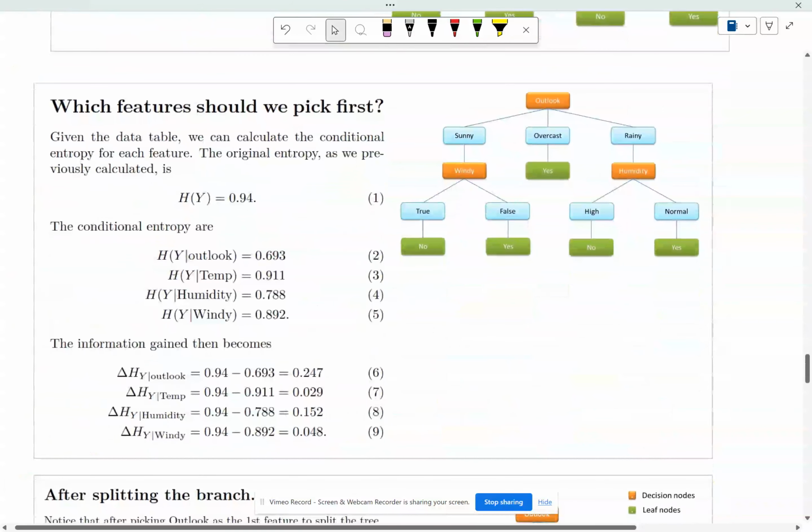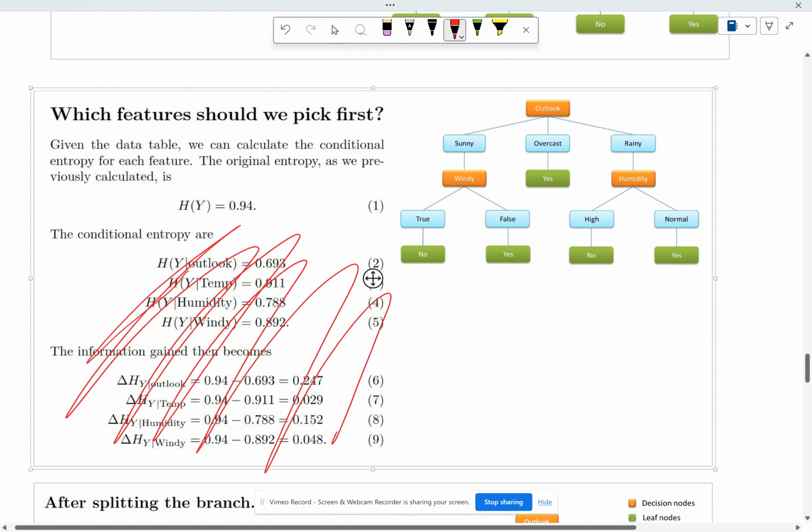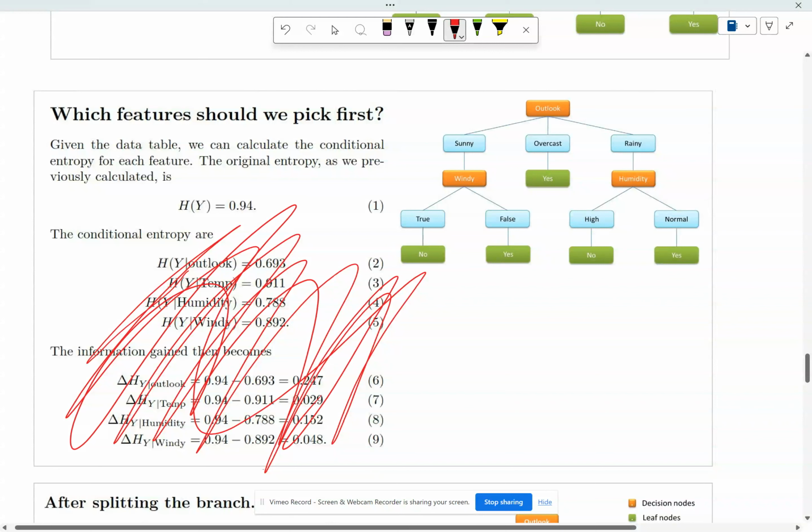And over here, I showed you the information gain. What you want to do is not look at it, calculate the information gain yourself, and then see if you get the same result as I did. Okay, so that's the information gain. Ideally, you'll see that the outlook is the first thing you want to pick.